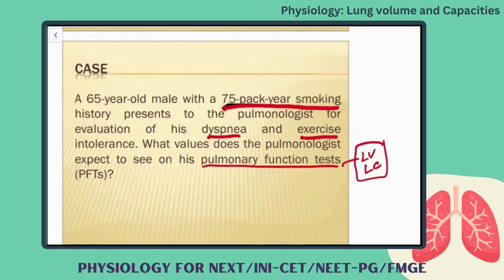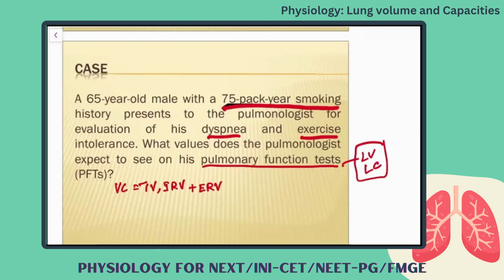So during exercise, the vital capacity increases. Vital capacity is the combination of tidal volume, inspiratory reserve volume plus expiratory reserve volume. So vital capacity will normally be increased during exercise.